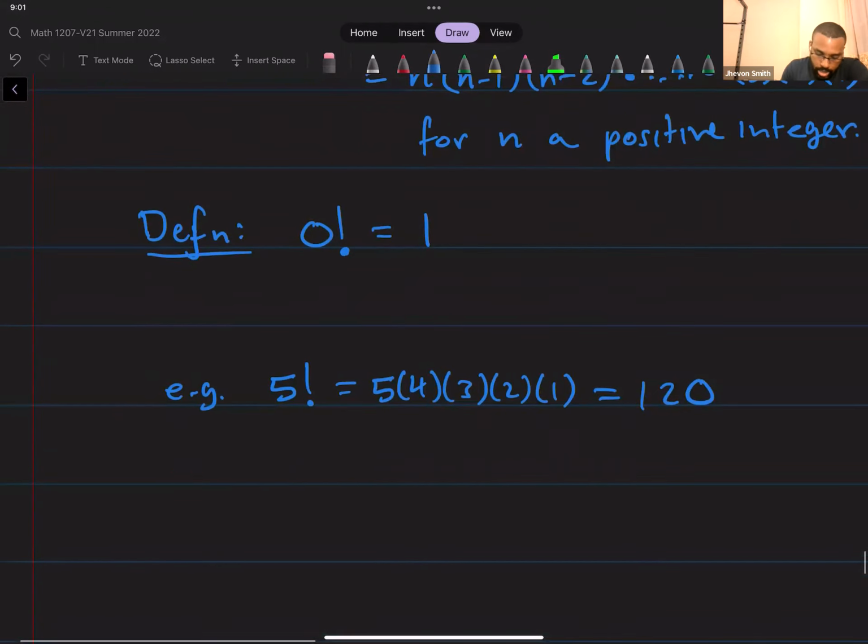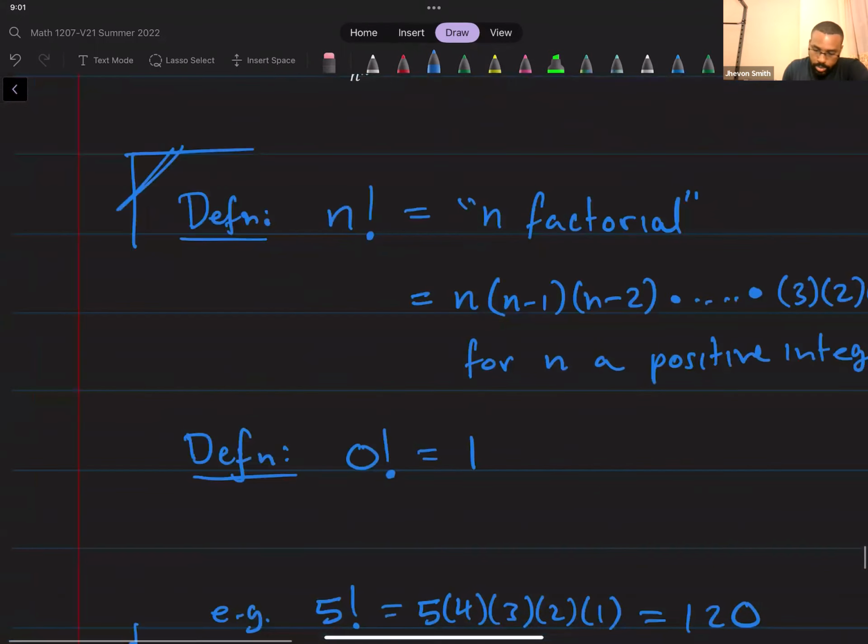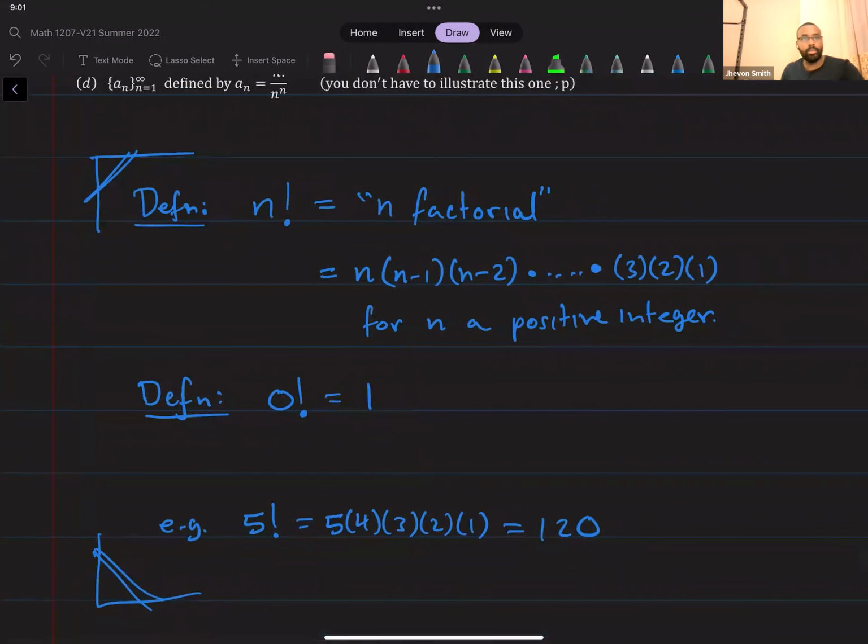So when you see this notation, the exclamation sign, it actually means something mathematically. Like when you take a complex analysis course, you can define this in general with something called the gamma function. But for us, this is only defined on the non-negative integers. 0 factorial is 1, and then you can have any integer factorial, 1 factorial, 2 factorial, 3 factorial, 4 factorial, 5 factorial, 6 factorial, going all the way up.